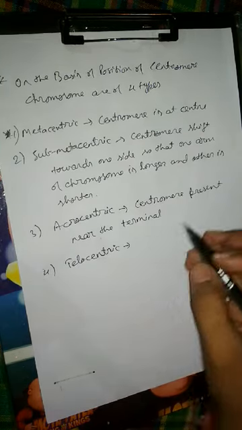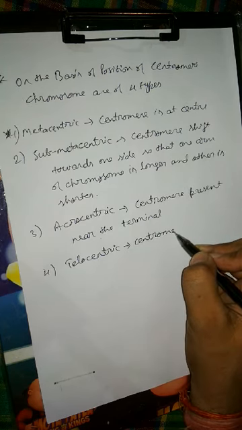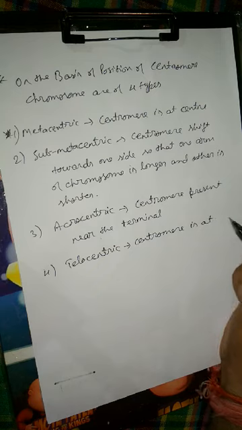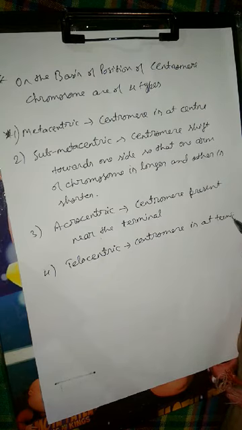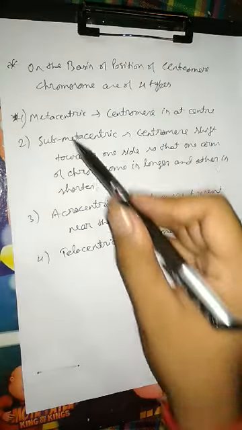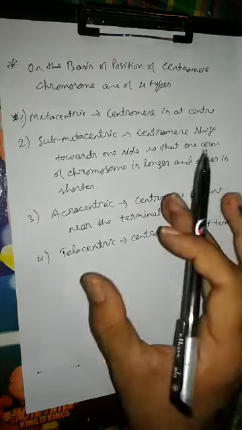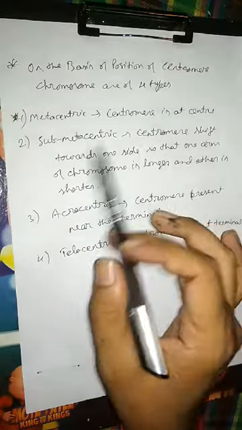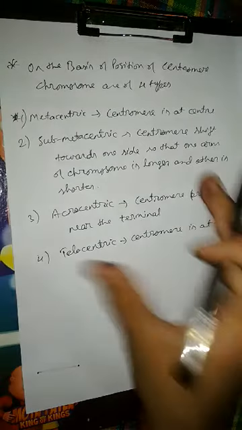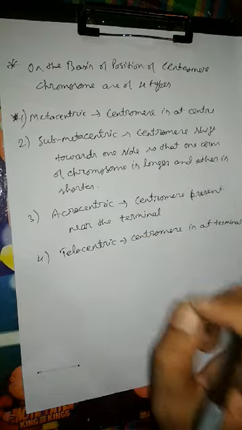In class 10 we also studied that in a telocentric chromosome the centromere is at the terminal. So this division is very simple. This division is there on the basis of the position of the centromere. The rest of the study regarding the chromosomes we will do in the next chapter, cell cycle and cell division. Only the basic thing about the chromosome I discussed here.